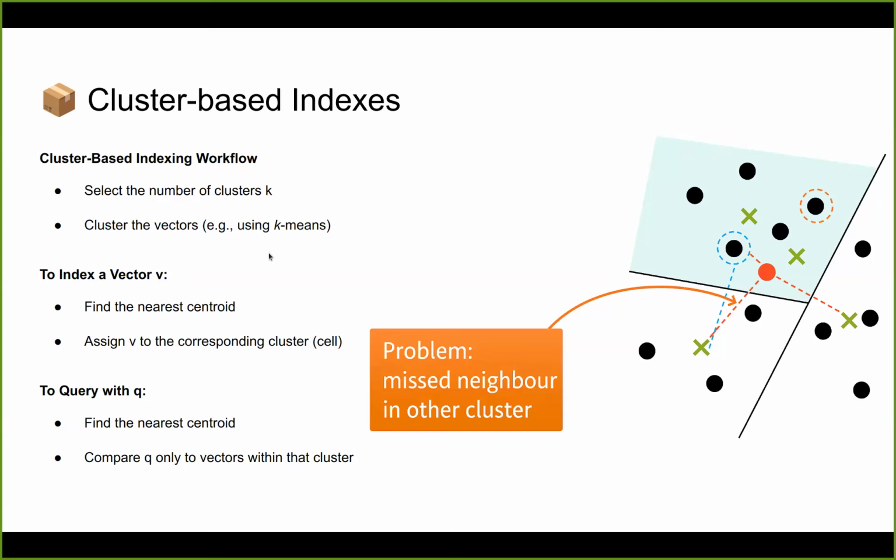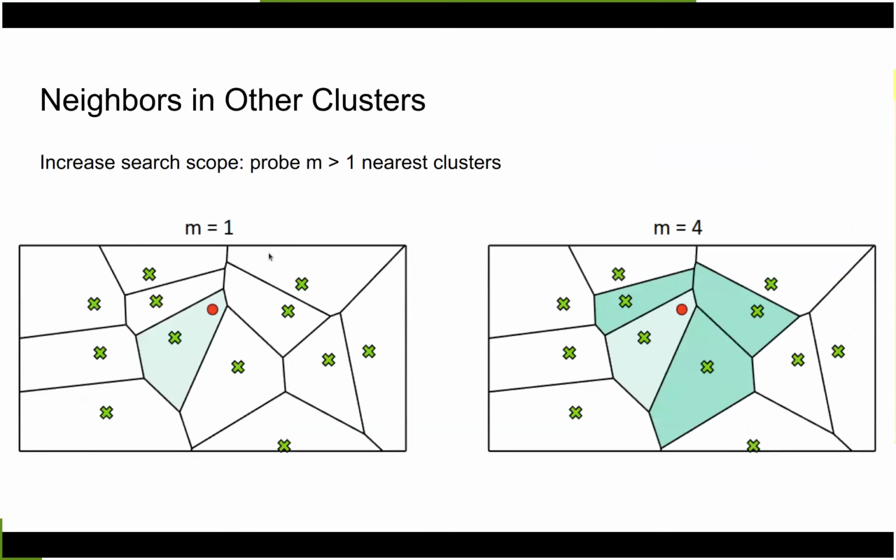There are some ways that we can improve them, but it's usually still a hard problem to solve. Okay. So as I said, one option for us is, instead of only looking at one cluster, to look at four close-by clusters.